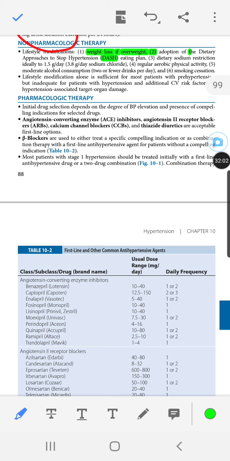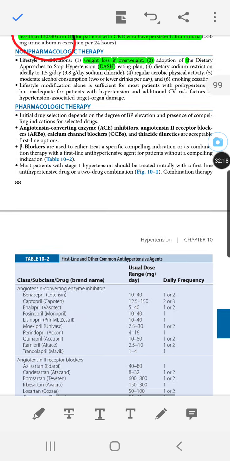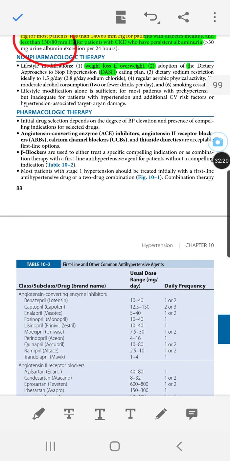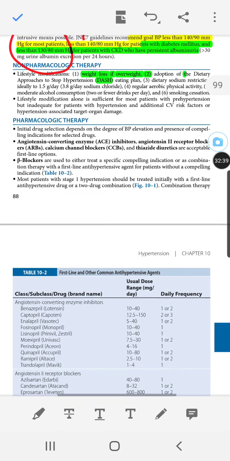Number two is the DASH plan. The DASH plan is very important, which is the Dietary Approach to Stop Hypertension eating plans. It's a complete chapter, we can study it later. We will discuss the DASH plan in the next slide, in which we can see which food helps to stop hypertension.